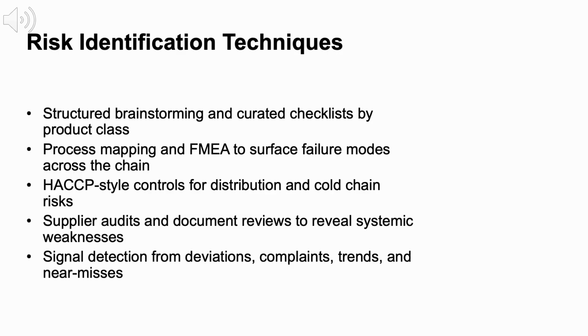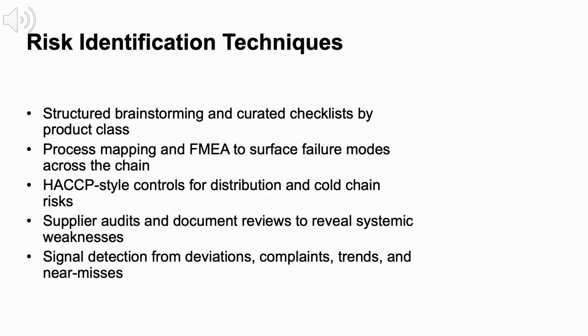Process mapping is a powerful precursor to failure mode and effects analysis, FMEA. Mapping the material and information flows reveals interfaces where miscommunication, mislabeling, or data integrity failures can occur. In FMEA, teams enumerate potential failure modes at each step, analyze their effects and causes, and estimate severity, occurrence, and detectability to prioritize actions.